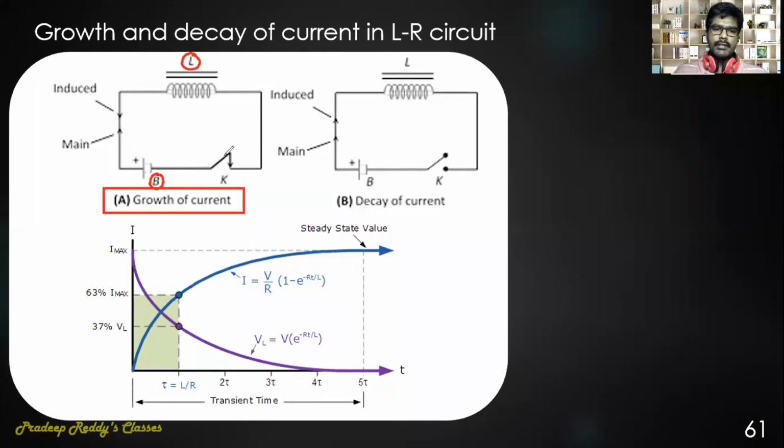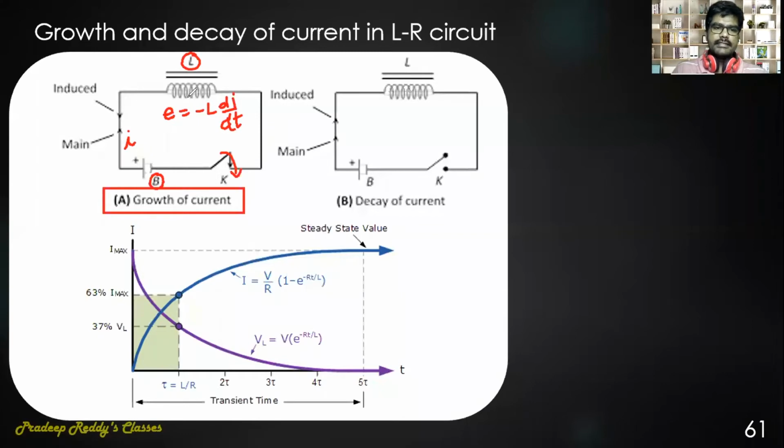When you switch on this tap key, because of this external battery, the main current passes through the circuit, and I call it I. As current is going through that inductor, there will be a self-induced EMF developed within that coil, and that induced EMF E is equal to minus L into di by dt.